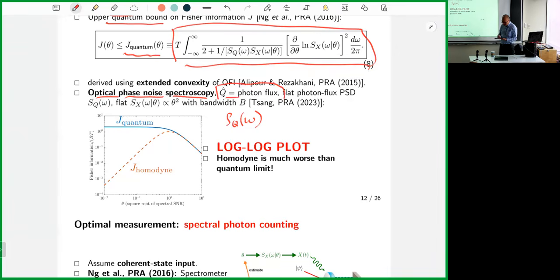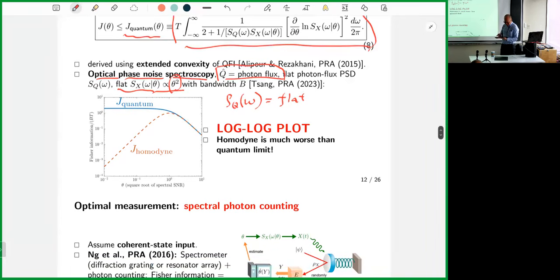The generator is the photon flux. Let's assume that this is flat, and also assume that the power spectral density of the phase is flat with some bandwidth. And the unknown parameter is just the height of this power spectral density of the phase. Okay, it's just a very simple example.